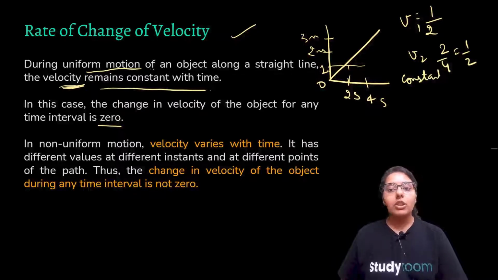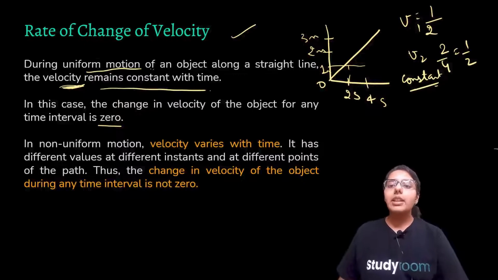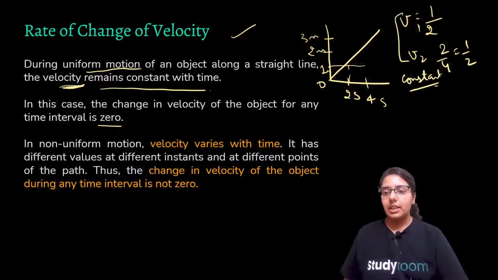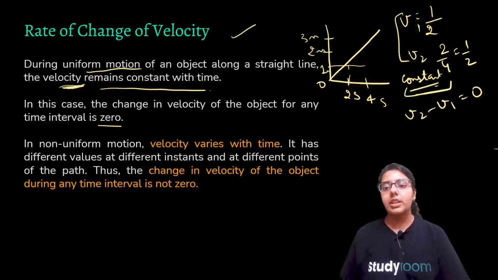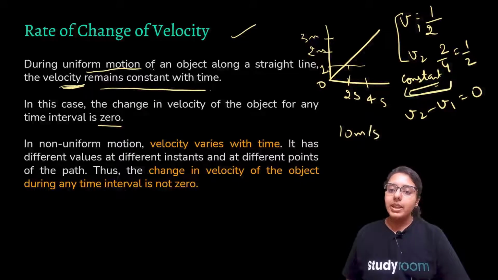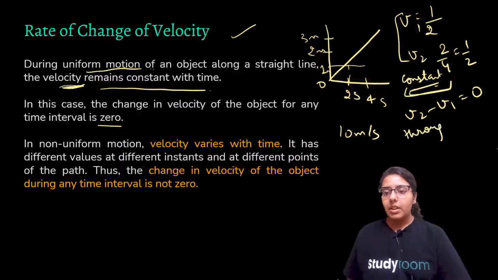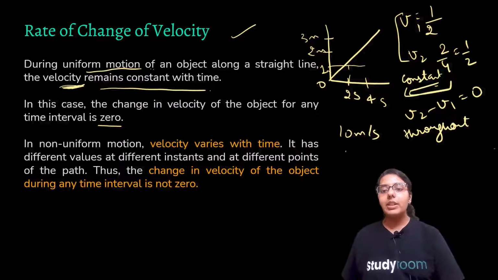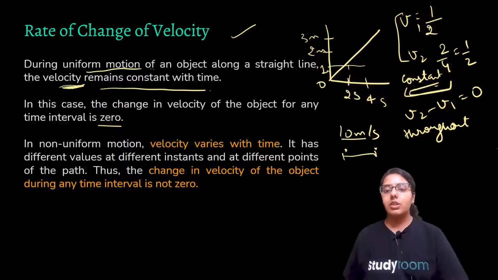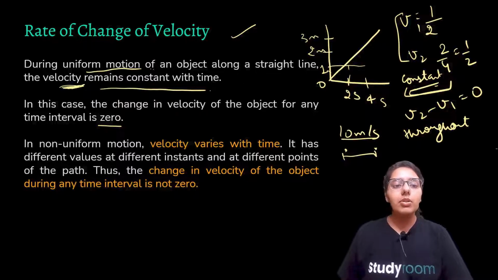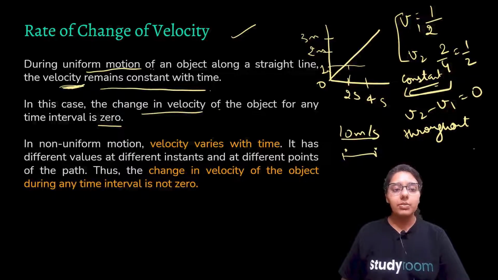If you take the difference of the two velocities, v2 minus v1, it will always be 0. If your velocity is 10 meter per second throughout, then if you take any two instances and calculate the change in velocity, it will be 0 because velocity is the same at both instances. So when we are talking about uniform motion, the change in velocity for any time interval is 0.